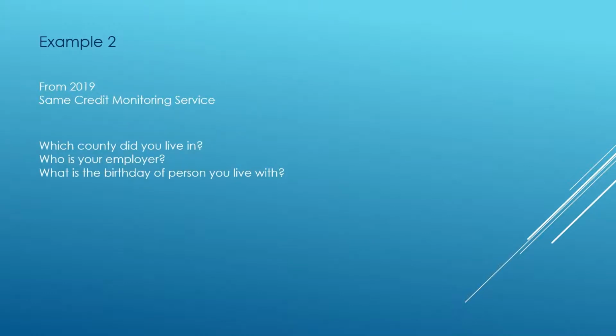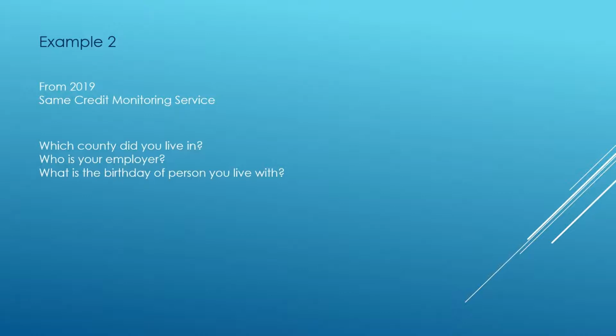Another example, this is from 2019. It is the same credit monitoring service. This time I had to go to their website because I wanted to place a lock on my credit. When I went to their website, they wanted to authenticate me first. They wanted to authenticate me by answering a few questions like which county I lived in, who is my former employer, things like that.